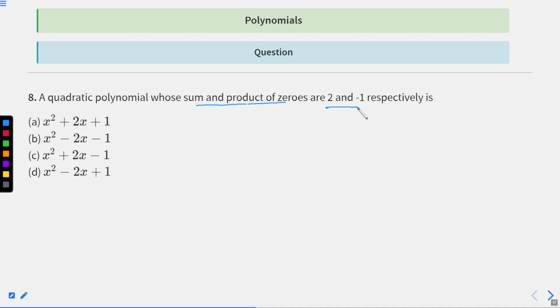So if alpha and beta are the zeros, then alpha plus beta is 2 and alpha times beta is minus 1. From these relations we can find a quadratic polynomial.